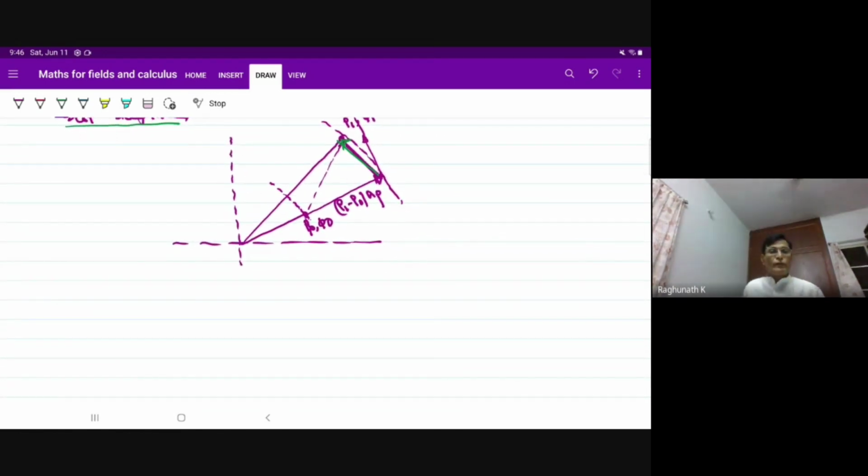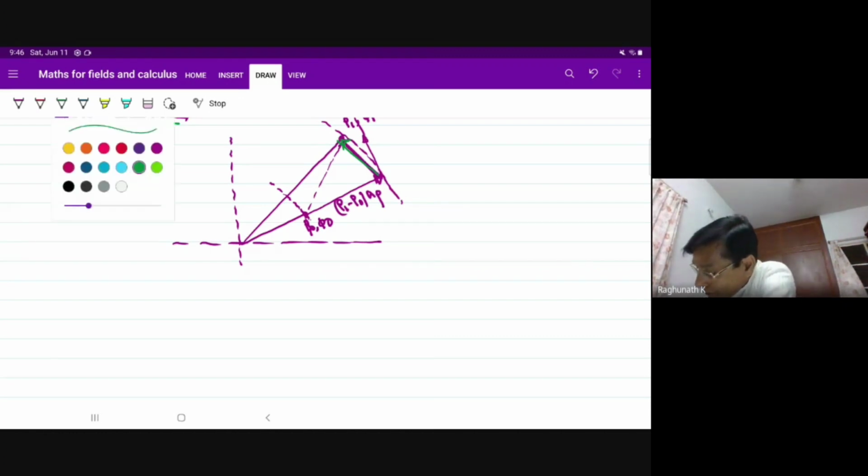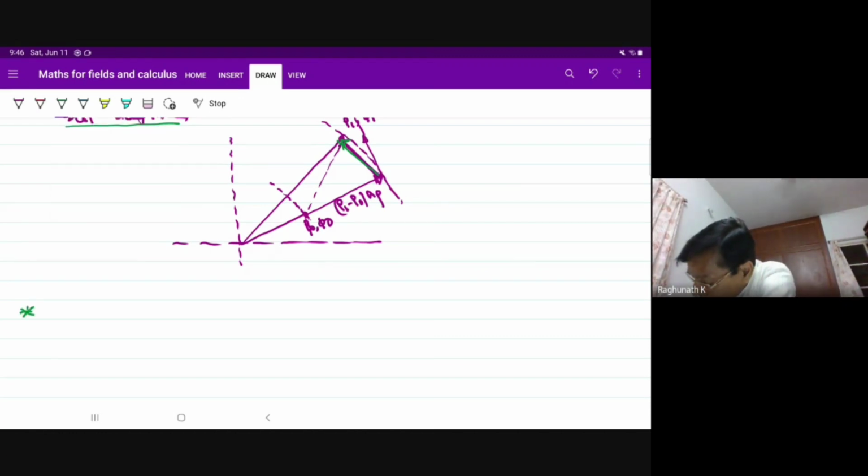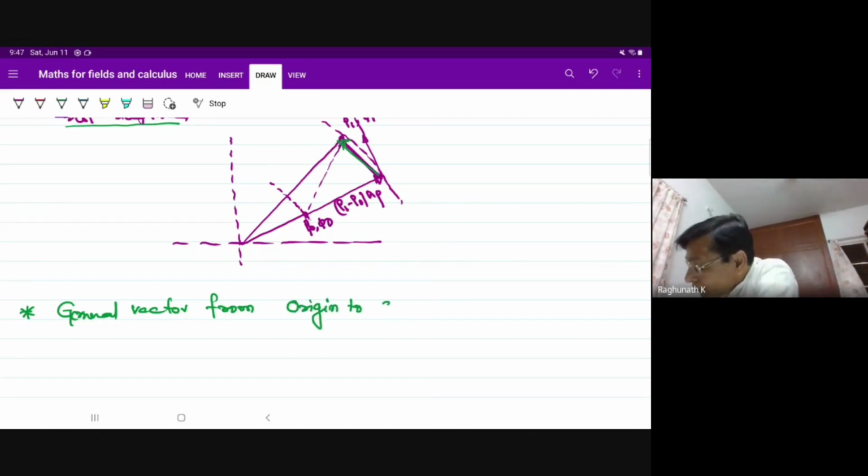Next. Very, very important point to be remembered here. But a general vector from origin to any point, or any point to origin, is given in this coordinate system.